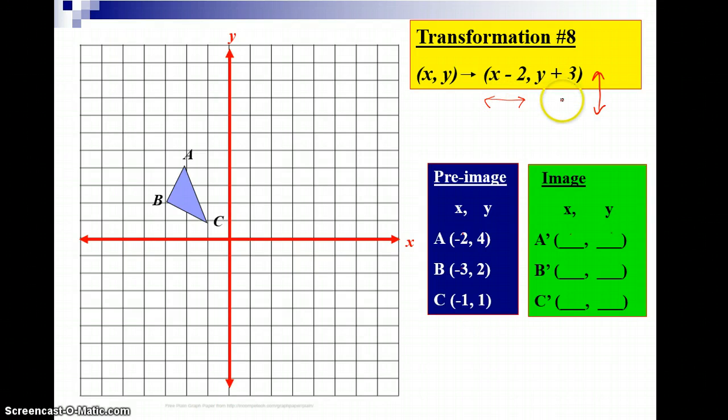Negative 2, positive 3. Fill in your new coordinates. Kind of guess, where do you think that's going to end up being? Draw that arrow. Now I'm going into negative territory on my x and then positive territory on my y. Where do you think that's going to end up?